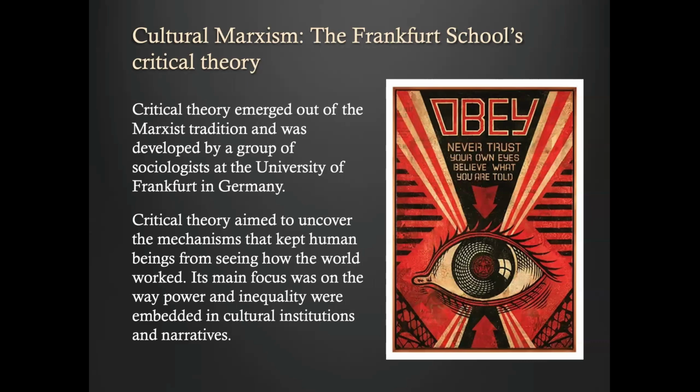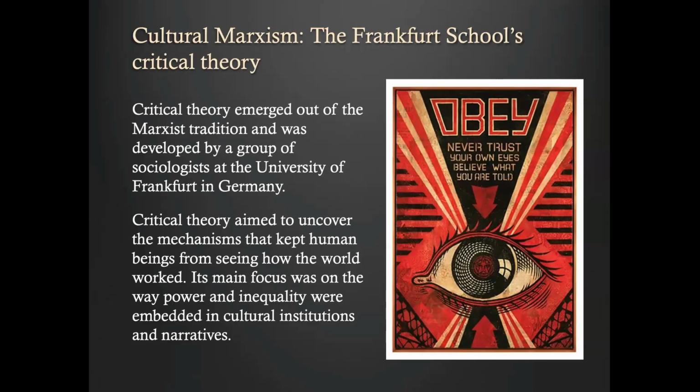So critical theory's main focus was on the way power and inequality were embedded in cultural institutions and narratives, the stories that we tell. And again, you can think about the narrative about classical liberalism and the individual and freedom and democracy and constitutionalism and all of those stories that we tell.